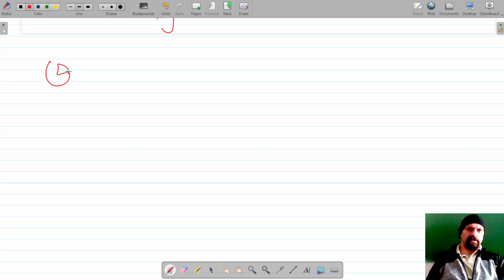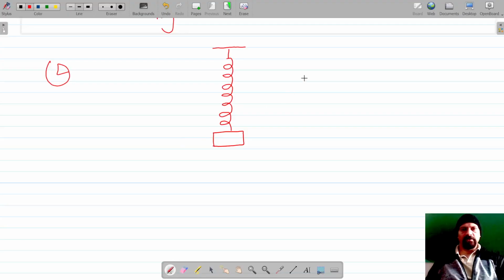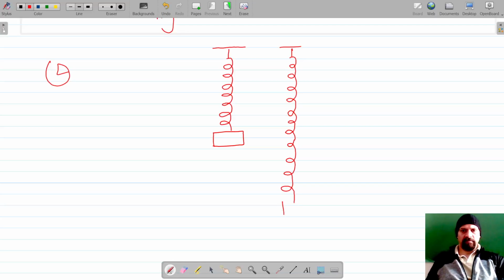So in the second case, this is a vertical spring, and let's say the weight attached is initially here, and now it's allowed to fall freely, and it stretches the spring by this distance x. We have to find this x.